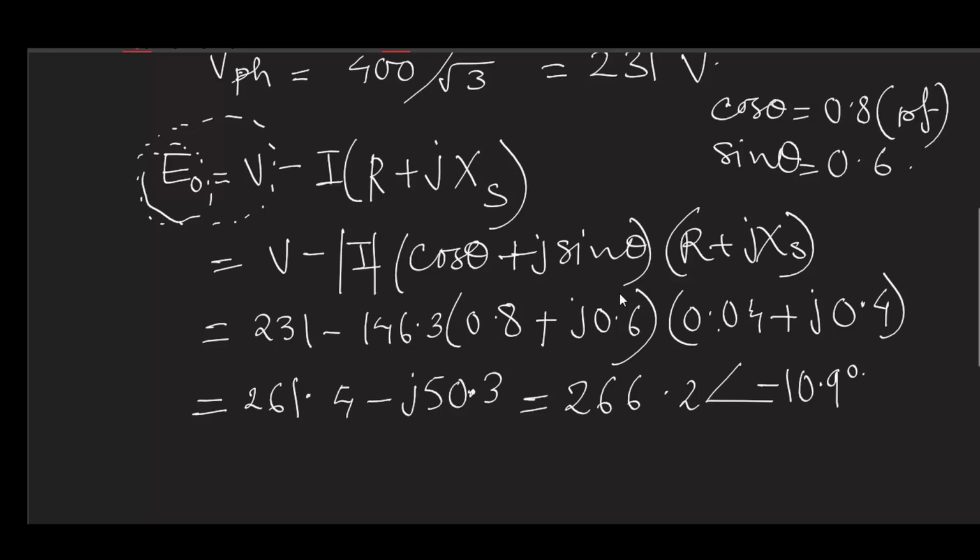Or else you can use a similar formula that is common to our DC machine case, like T omega is equal to EB into IA.